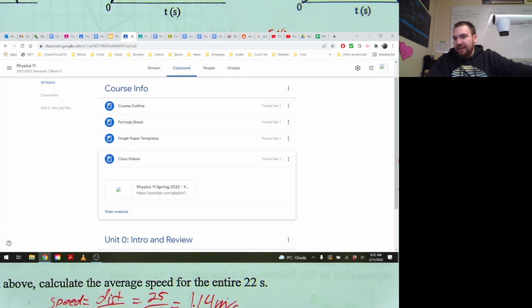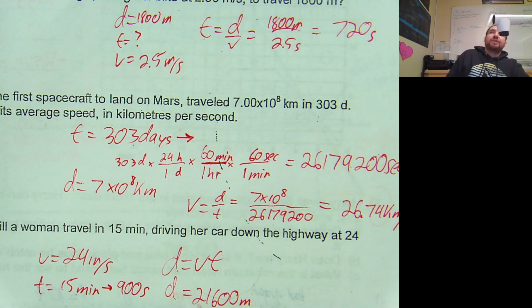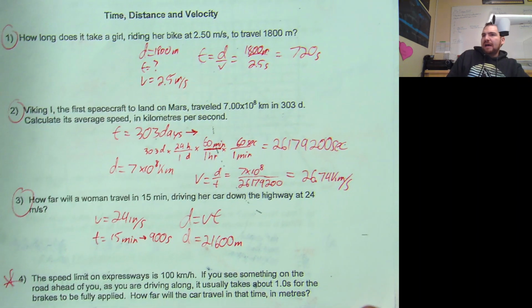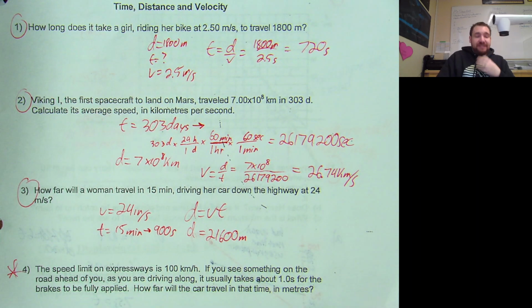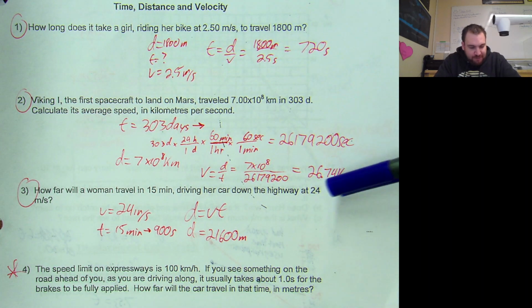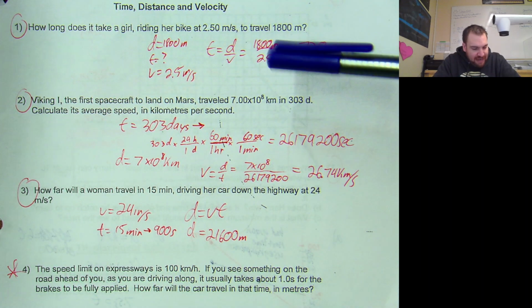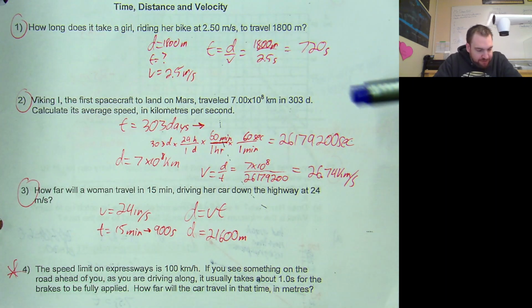Okay, the other thing I gave you is some additional questions from this worksheet here. I gave you these first three. So I got 720 seconds, 26.74 kilometers per second, and 2,116 meters.